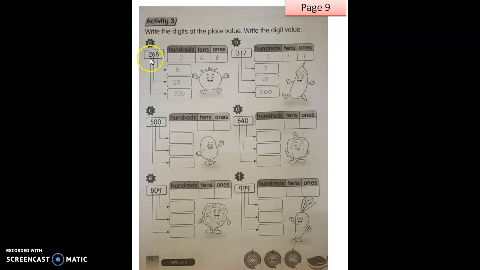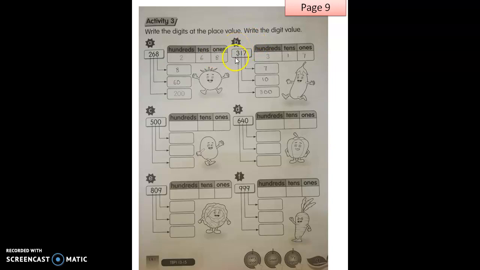Question A, 268. 2, 2, 0, 0. 6, 60. 8, 8. 100. 2. 10. 6. Right here, 6. 1. 8. Right here, 8.